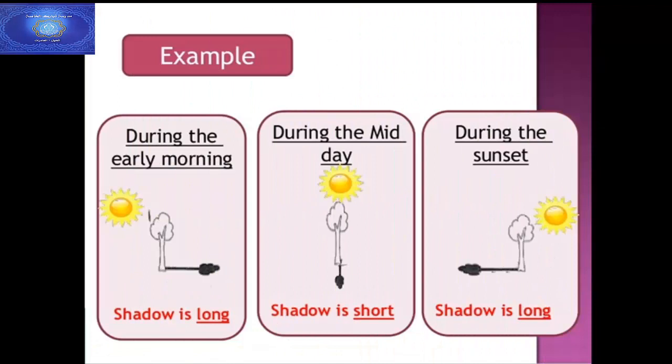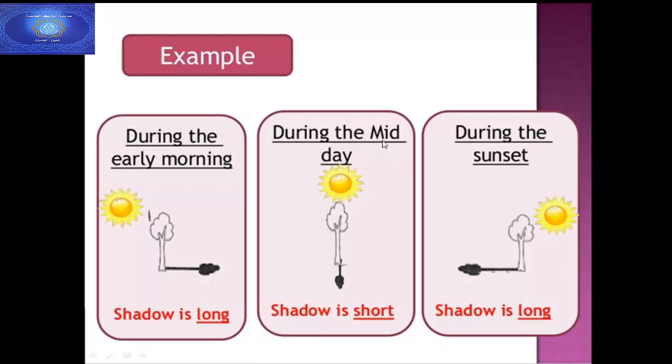Here we have many examples of shadow position during a day. During the early morning, the sun shines from the east, and the shadow forms long.